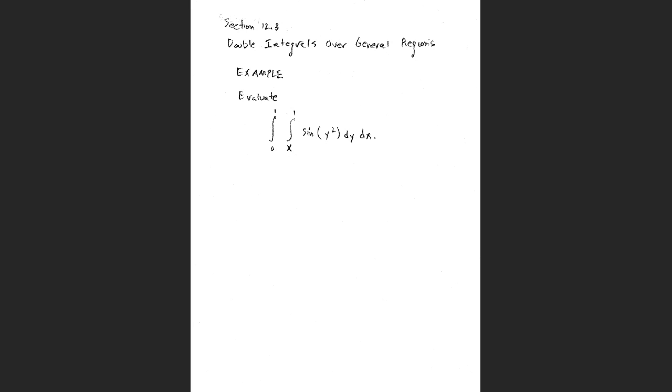Okay, so when we do a double integral here, naturally we want to iterate the integral, like this. And can you find an antiderivative of the sine of y squared?